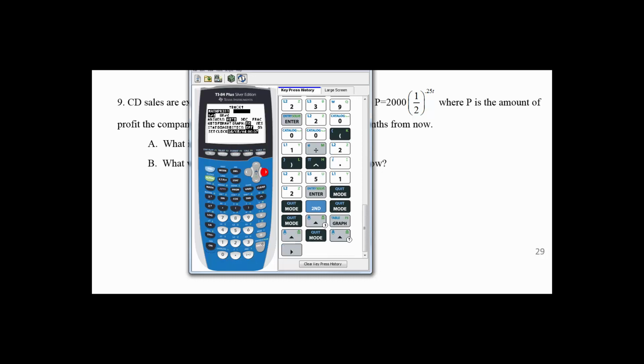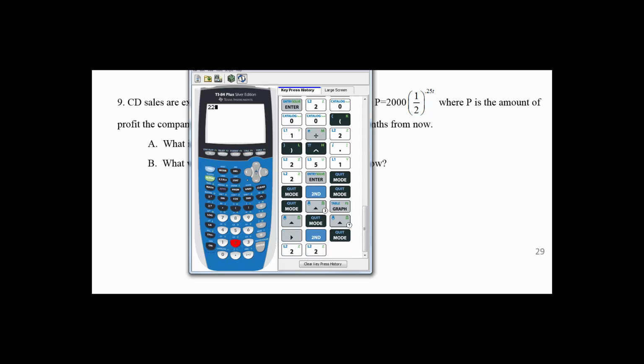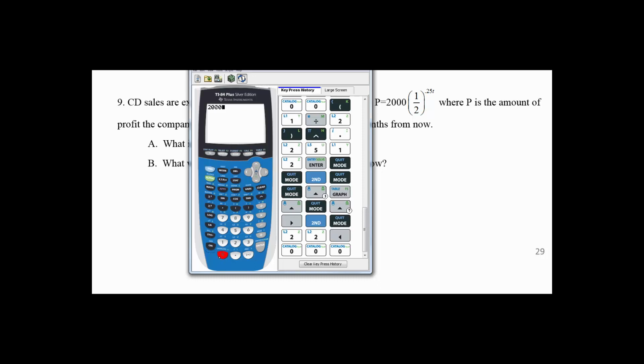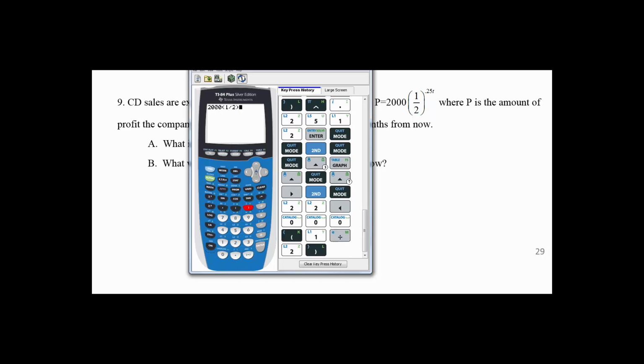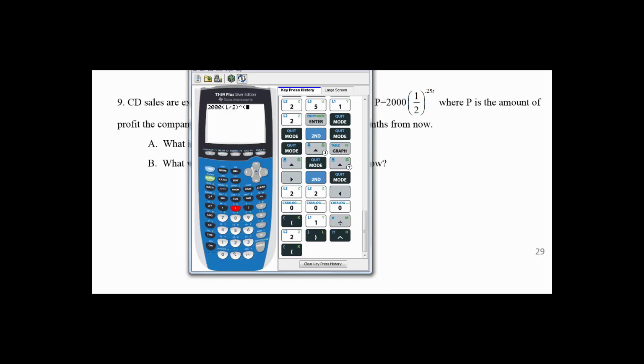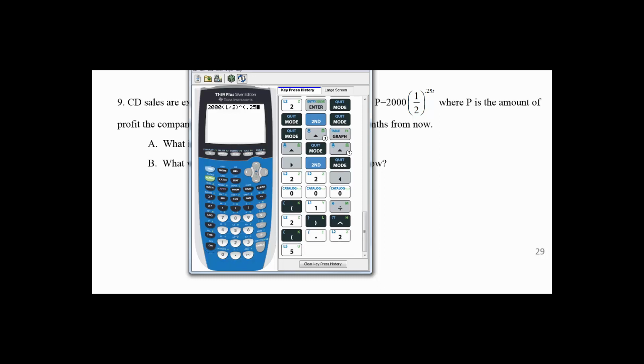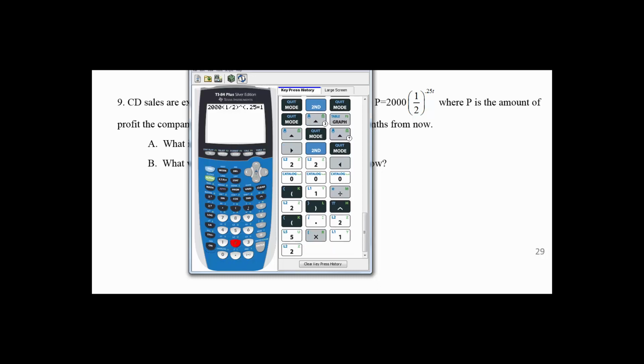You've got to go to Classic here, and it looks like this: 2,000, parentheses 1 divided by 2. There's a difference. On the old calculator, the raise-to button doesn't actually raise it up. You have to put parentheses around the exponent: 0.25 times 12. If you do it that way, your life will be just fine.